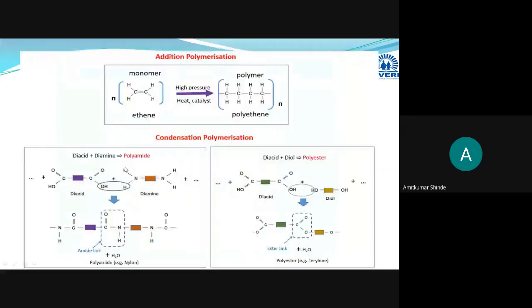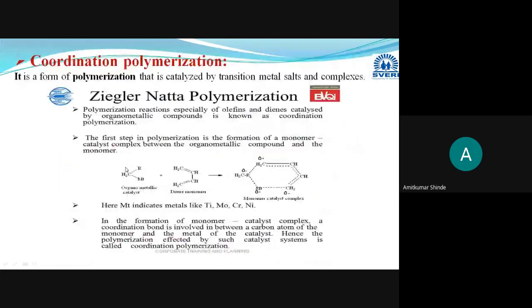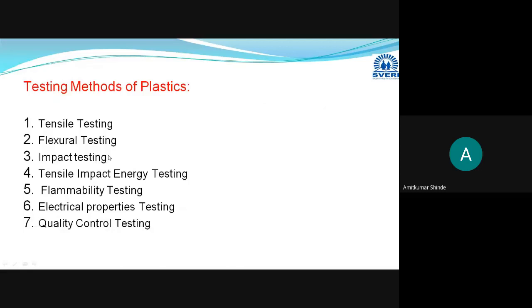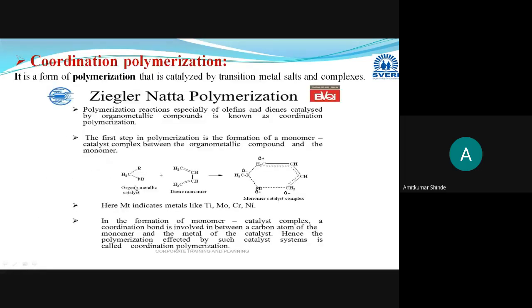Okay, for this coordination polymerization, I have added this slide here. In short, this is the example of that. If you are able to see this slide, this is the example of coordination polymerization. If you are not able to remember it, no problem, you just have to write this one sentence.